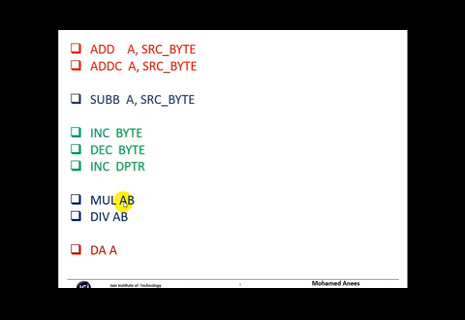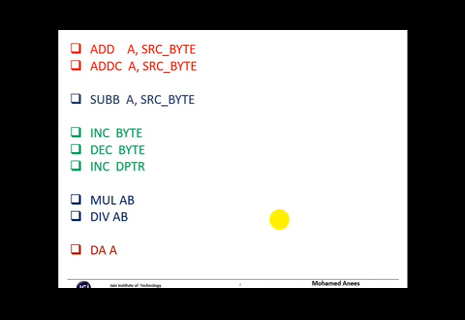After that, the lower byte of the result will be in A and the higher byte of the product will be in register B. Then we have divide AB, A divided by B. After the division, the quotient is in A and the remainder is in B. And decimal adjust accumulator is used for BCD arithmetic after addition of BCD numbers. So this ends the arithmetic instructions of the 8051 microcontroller.